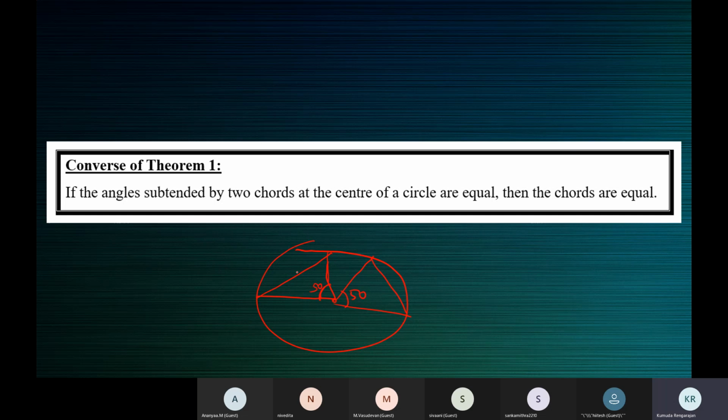This angle is subtended by this chord, and this angle is subtended by this chord. If the angles subtended by the 2 chords at the center are equal, then the chords are equal in length.